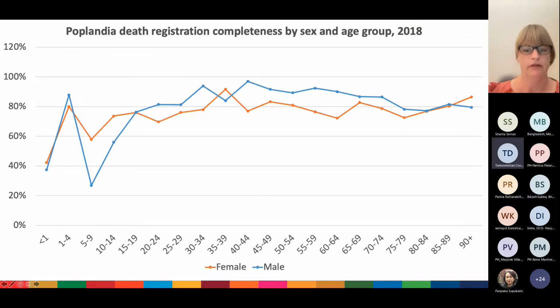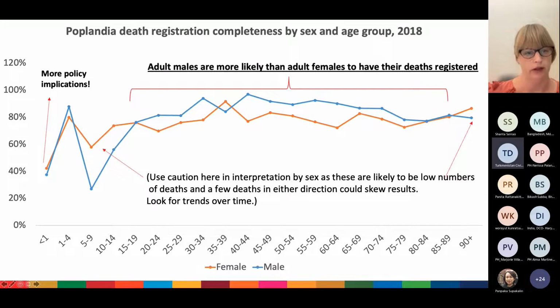And so if we graph these results and compare them, we have our orange line is our females and our blue line is our males. Okay. So again, these are pretty close, the males and females. It looks like the females are slightly higher, but I wouldn't read into that too much at this point in time.